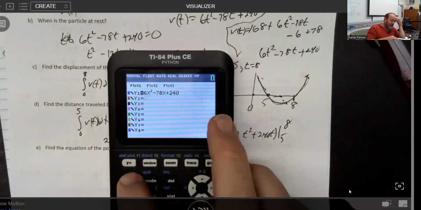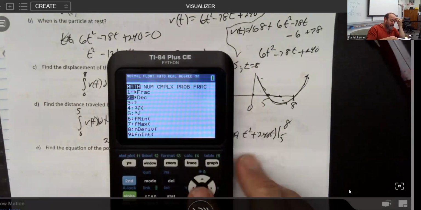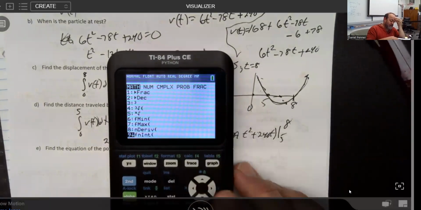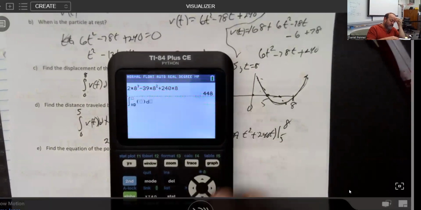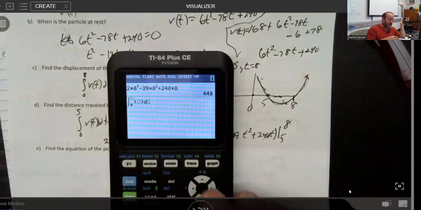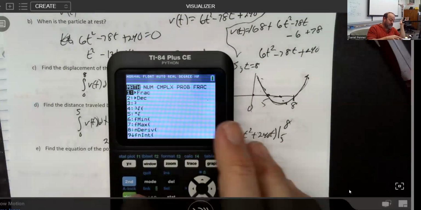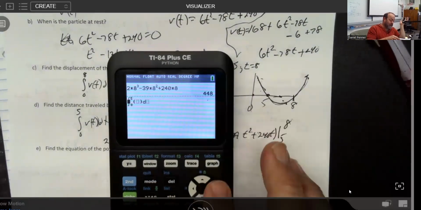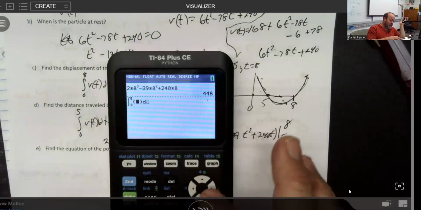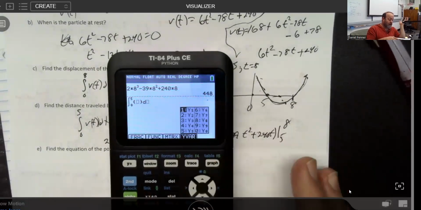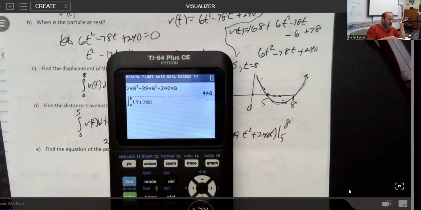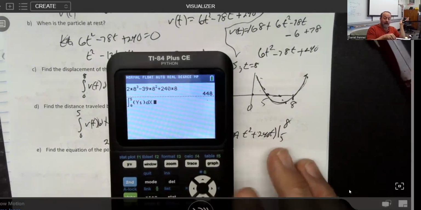And I'm going to do a math numerical integrate from 0 to 5 of alpha trace y1. And again, that's going to give me that first piece.